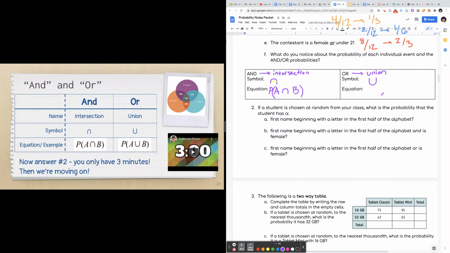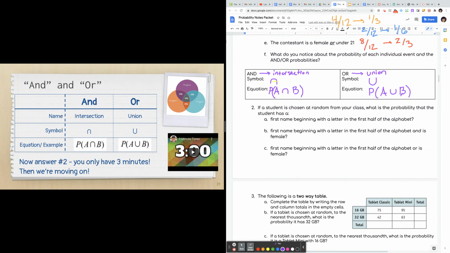So the way I would write this as an equation would be like this: A union B. That U that's facing the right way literally translates to the word or. It literally means or. So this equation, if I wanted to translate it into plain English, would be the probability that event A happens or event B happens. And remember, that could mean that those two events happen together as well, right?